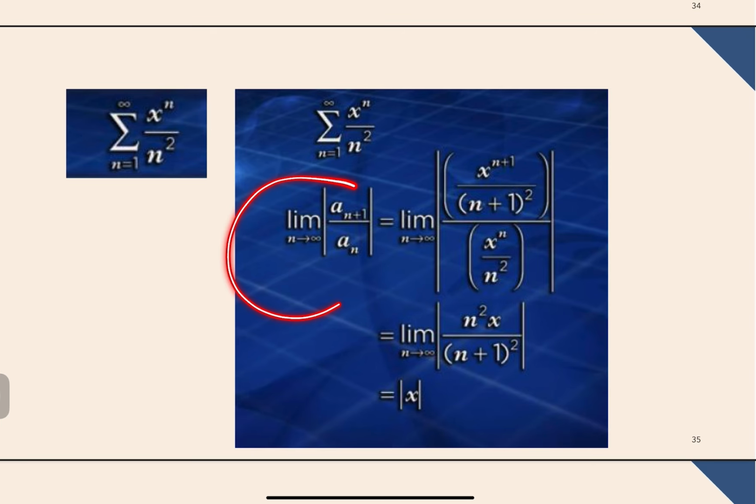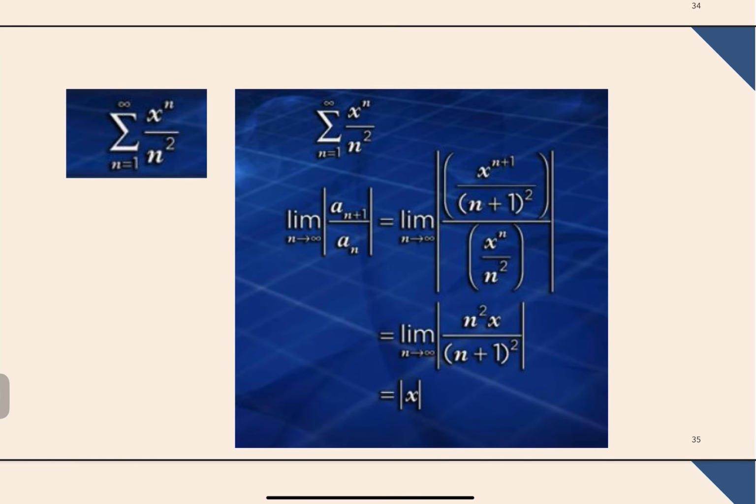So we take the limit again of successive terms. In the ratio test, the denominator was x to the n over n squared, and the numerator would be x to the n plus 1 divided by n plus 1 squared.